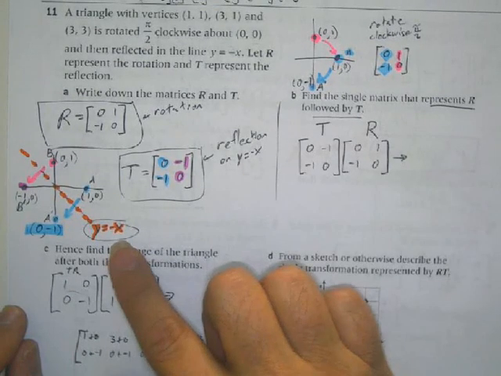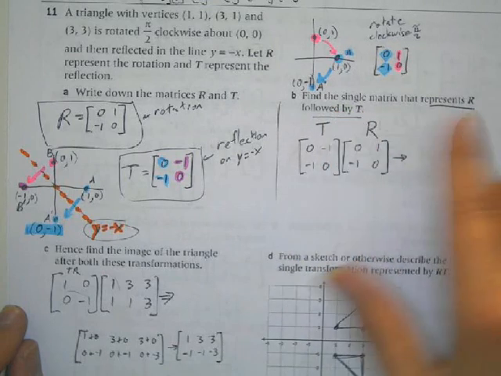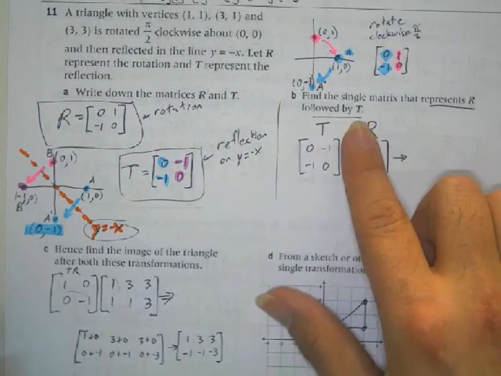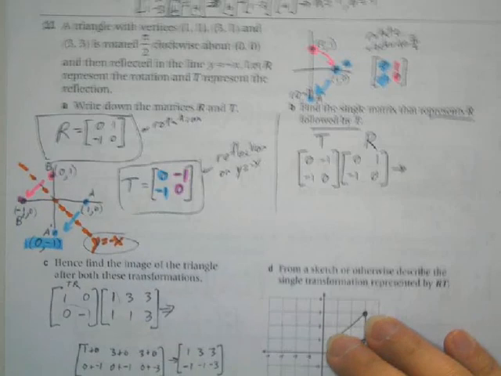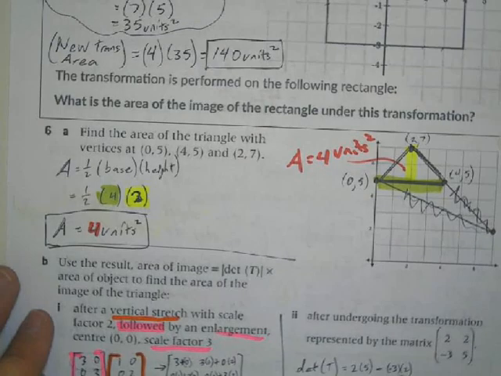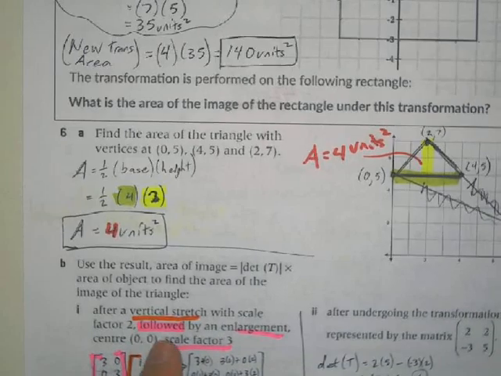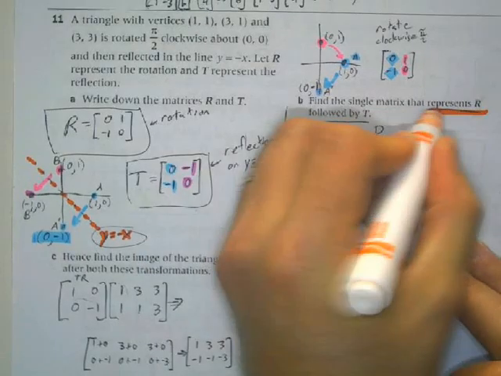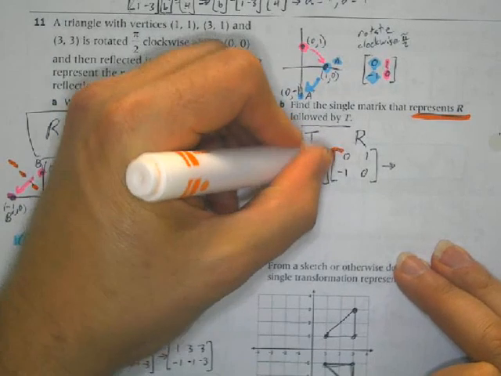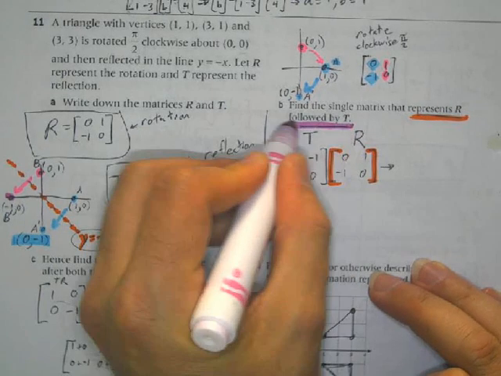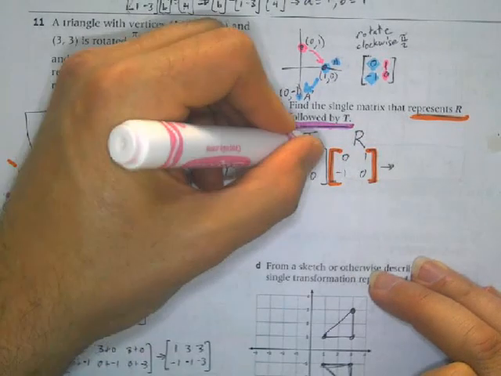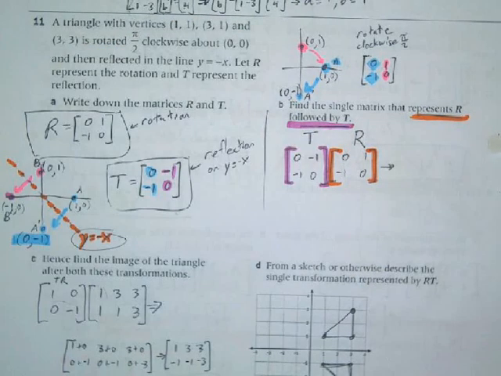So find a single matrix that represents R followed by T. So if it's R followed by T, that means if I'm doing R, I'm going to do this one here first, followed by T. If it's followed by T, I'm going to write matrix T before this one.